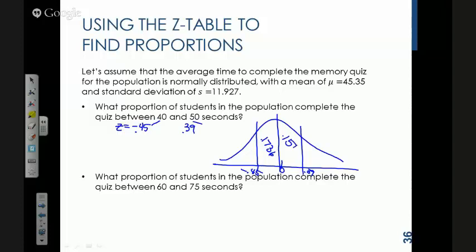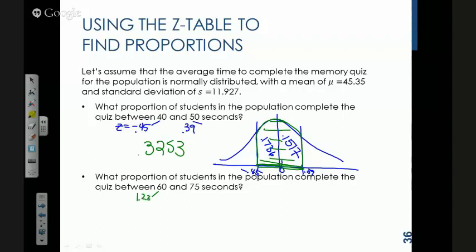And the question asks, what proportion of students complete between 40 and 50? So we're really wanting all of this area. What did you get? Yeah, just add up those areas and you get 32.53%.